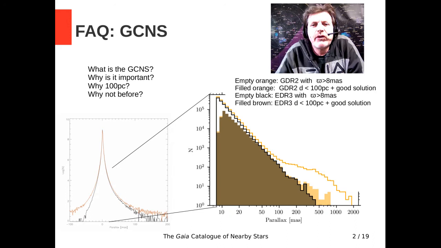And it's difficult because there are many objects in Gaia, almost 2 billion objects, and if just a few percent of those objects have erroneous solutions, then they might get scattered into our 100 parsec sample, as it were. So we can't just simply go and do a select.